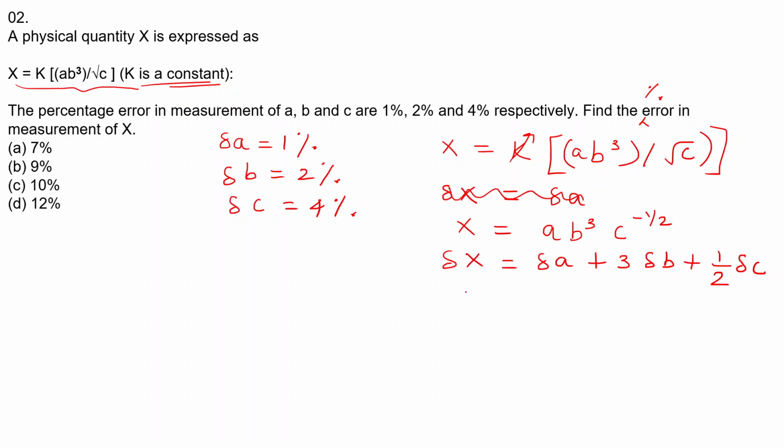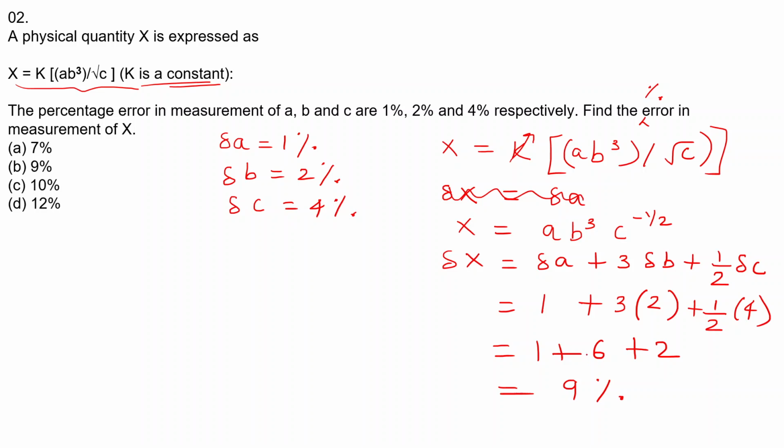So the error in A is 1%, the error in B is 2%, half times the error in C is 4%. So what we'll get is 2. So 9% is the total error percentage in calculating this variable X.